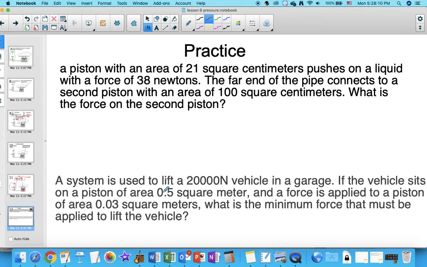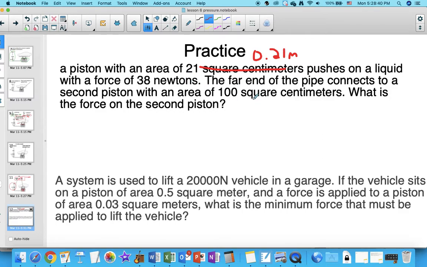First things first, we're going to deal with meters, right? That's what our calculation was. So we have 21 square centimeters. We can turn that into 0.21 square meters, because 21 divided by 100 gives you 0.21, because 100 centimeters are in a meter.